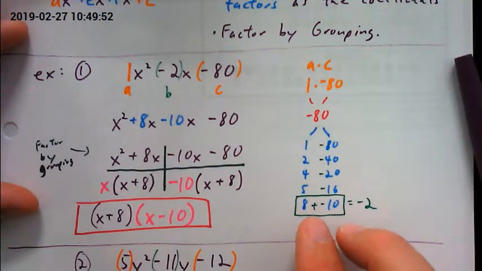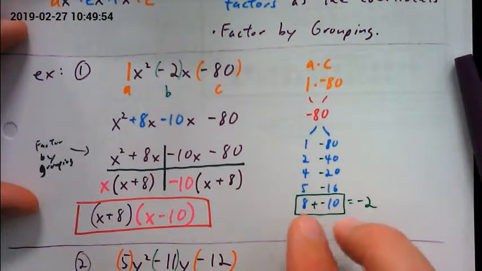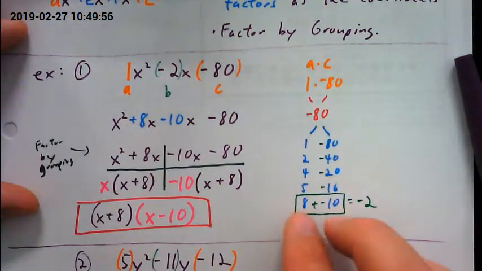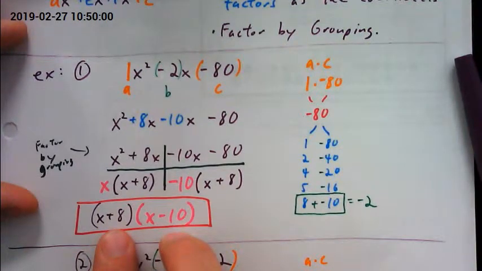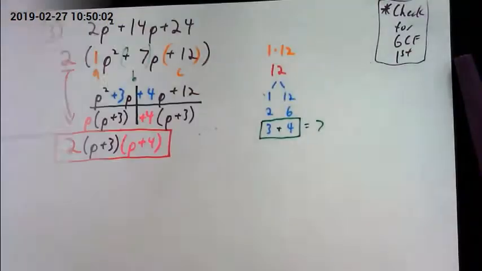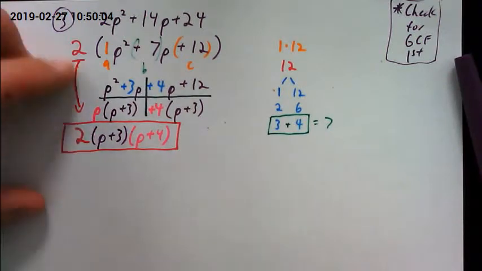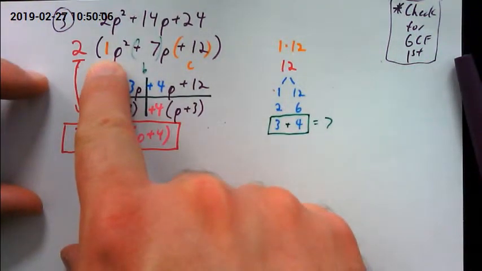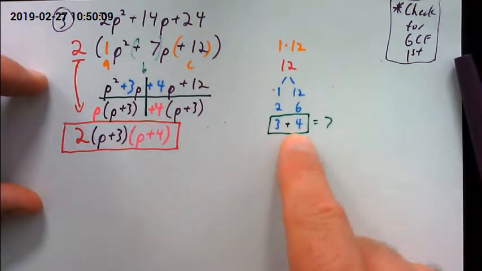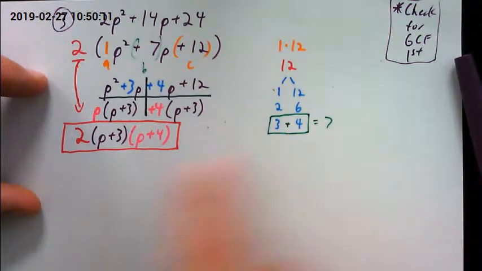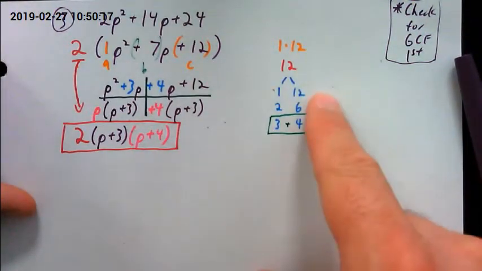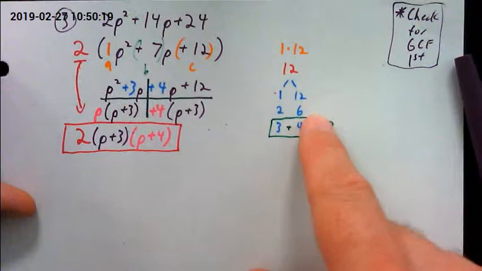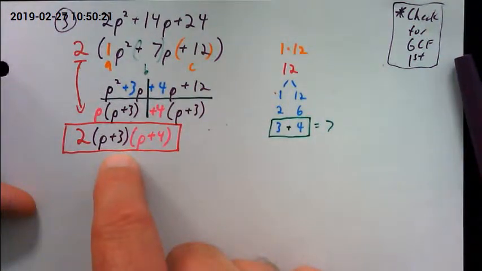When we have a lead coefficient of 1, the factors we get from doing this actually end up as part of our final answer. If you look at the one we just did, our lead coefficient of 1 from this point, we did this work, we had 3 and 4. What ended up being in our final answer? 3 and 4. So it is possible to go from this step, when our lead coefficient is 1, straight to the final answer.